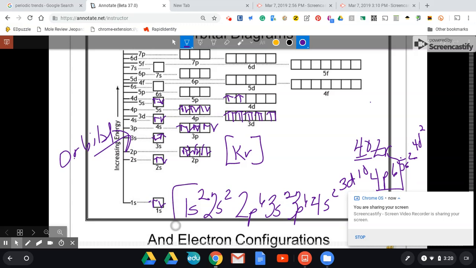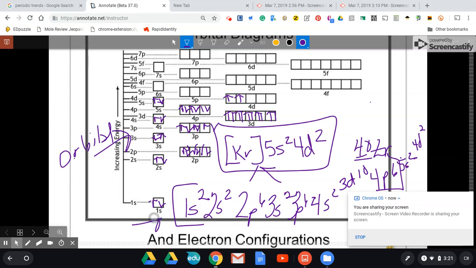So here to here is krypton. That's why we call it an abbreviated, because we're taking everything that krypton has and we're just saying krypton. And now I just write what I have left, which would be 5s2 and 4d2. So that would be the abbreviated. This is the full configuration, and this is the orbital diagram.